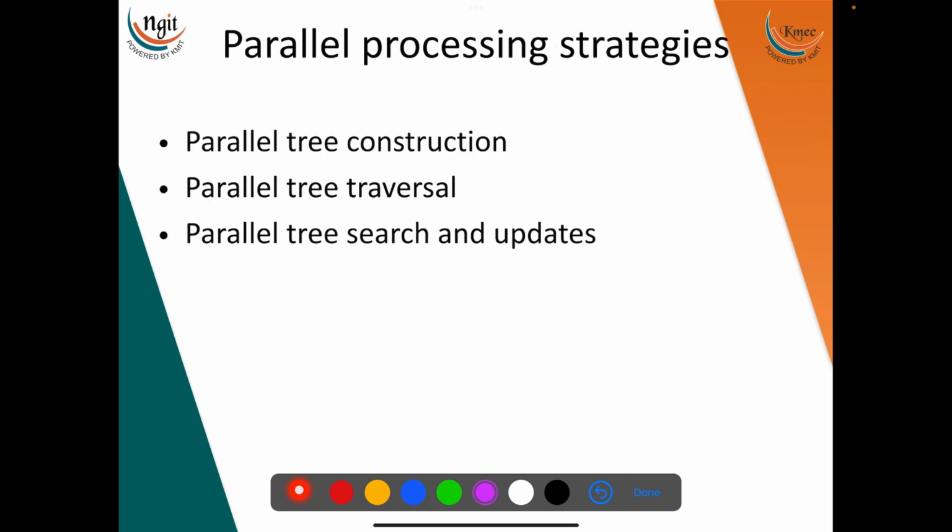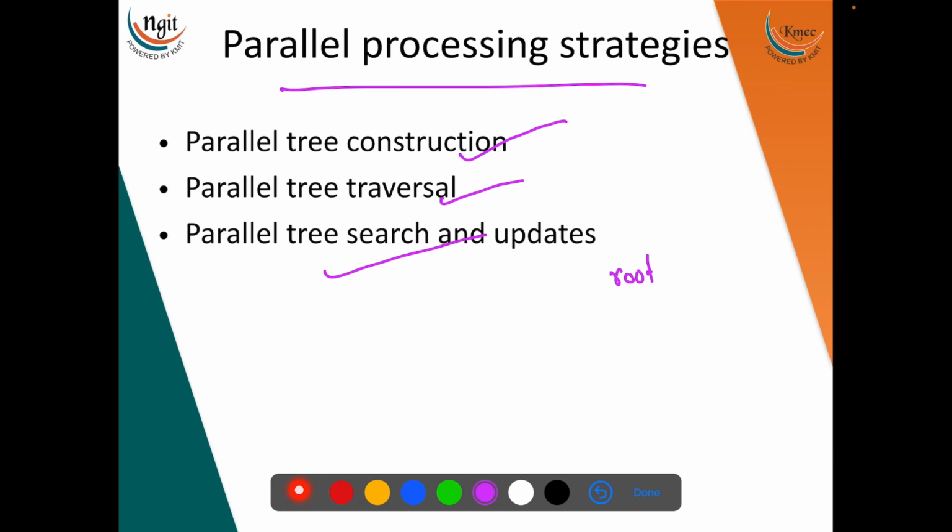Now let's talk about the parallel processing strategy: parallel binary tree construction, parallel tree traversal, and parallel tree search and updates. Basically, the idea of a binary tree we all know from the second year. We consider the root element, and the tree is constructed in such a way that all the lesser elements of this root are arranged on the left side, and all the greater elements of the root are arranged on the right side.